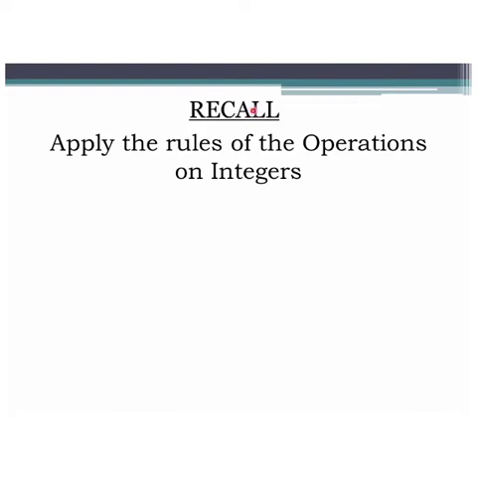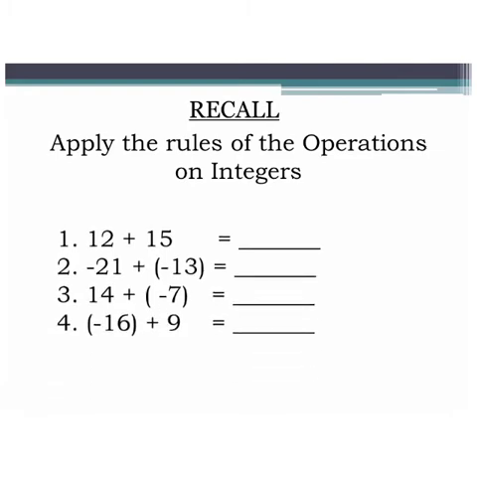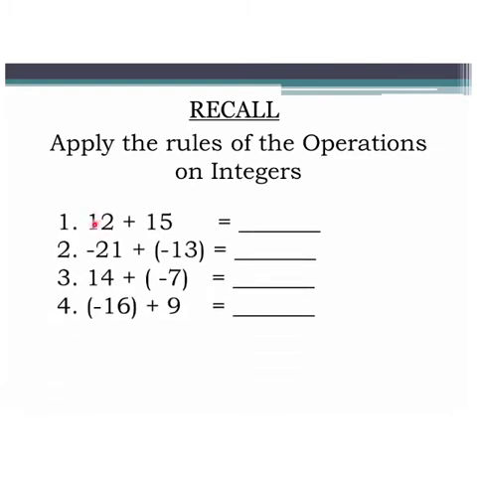Before going further, let us first recall our learnings about operations on integers by answering these problems. Number 1, this is addition of integers. Both integers are positive, so we can add directly the numbers. 12 plus 15 is 27.